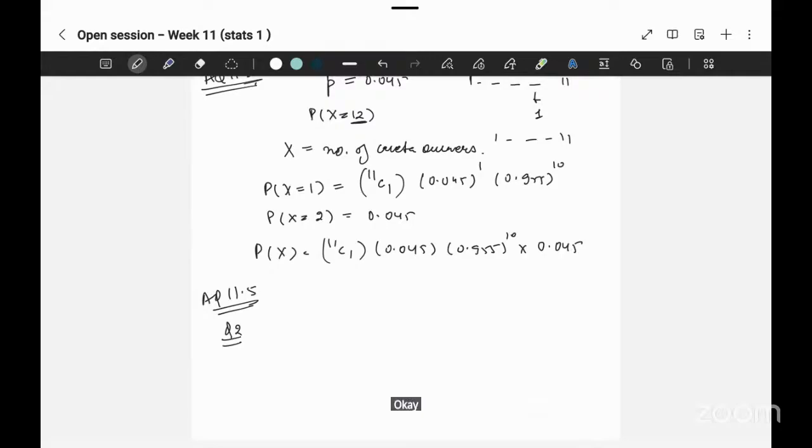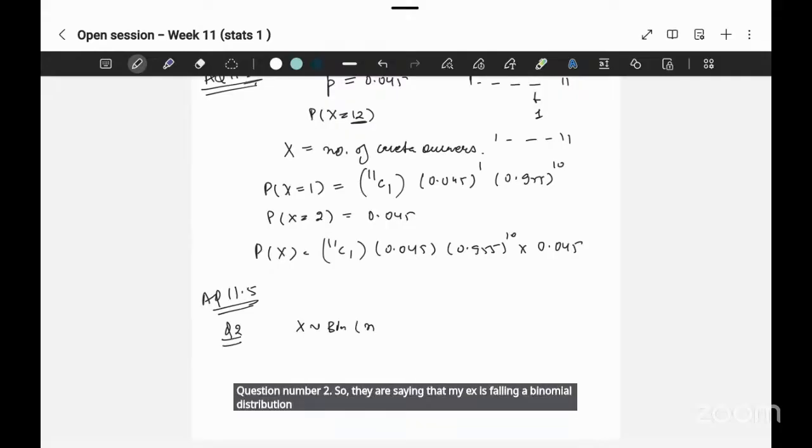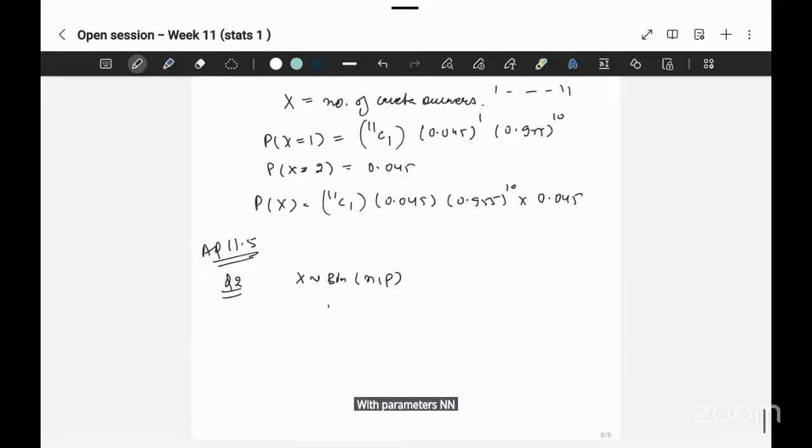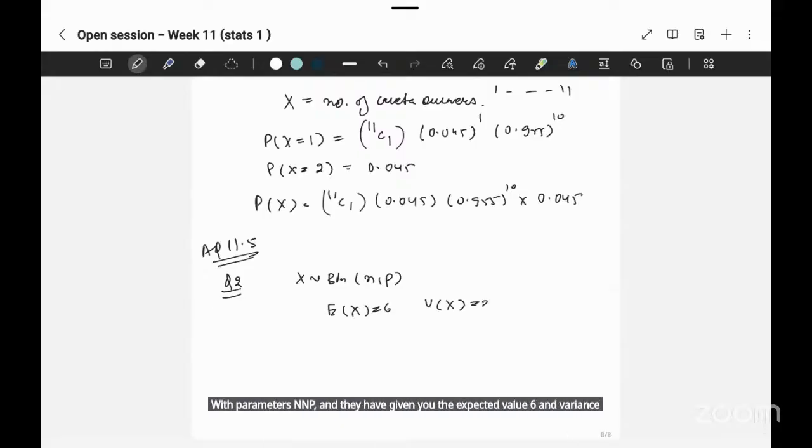Can you guys open activity question 11.5? Question number 2. They are saying that X is following a binomial distribution with parameters n and p, and they have given you the expected value 6 and variance 3.6.